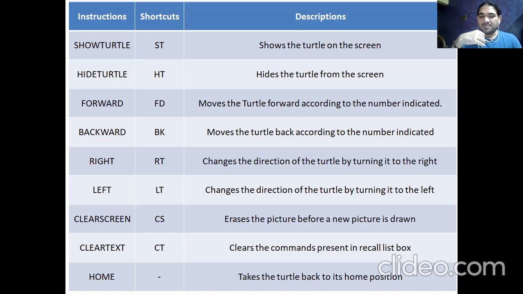Clear text clears the commands present in the recall list box. Home takes the turtle back to its home position. So this table plays a vital role. If you want to learn Logo language, you should know this table and every shortcut key, what exactly it is used for and why we are using it. The description should be very clear to you, right? On the basis of this only you can learn Logo language.